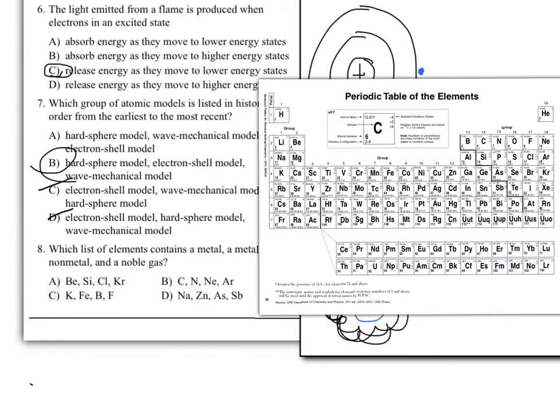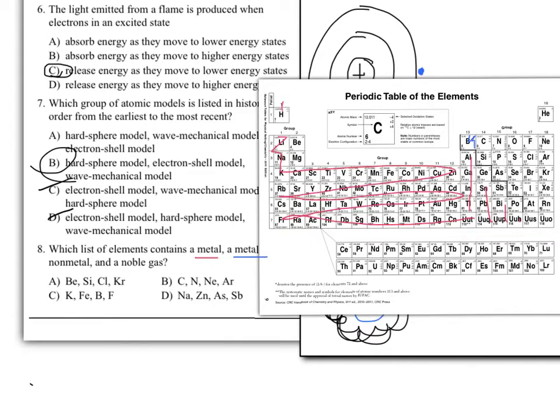Here on our periodic table, recall that metals are found to the left or under the staircase. So the metals here I will shade in red. So here are our metals. Nonmetals, a metalloid is found on the staircase.